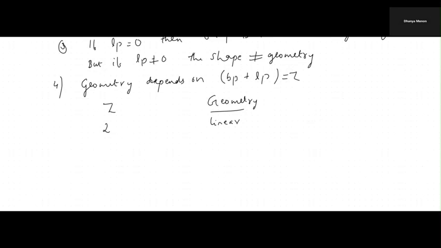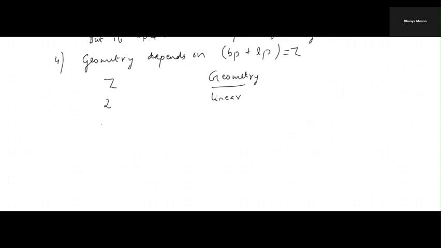If Z value is 3, trigonal planar. This is linear. This is trigonal planar. If Z value is 4, we have tetrahedral.